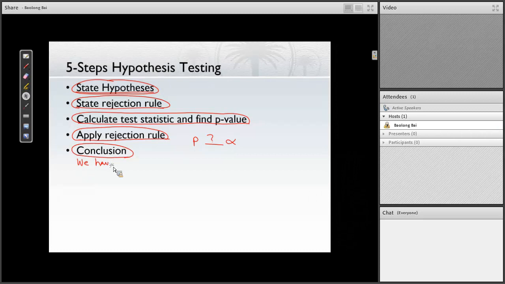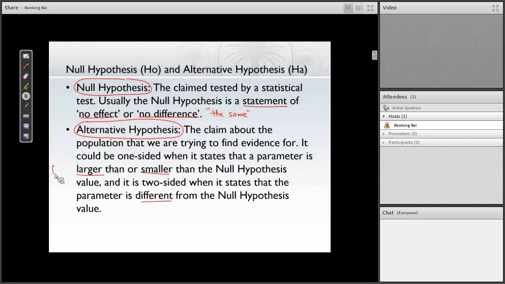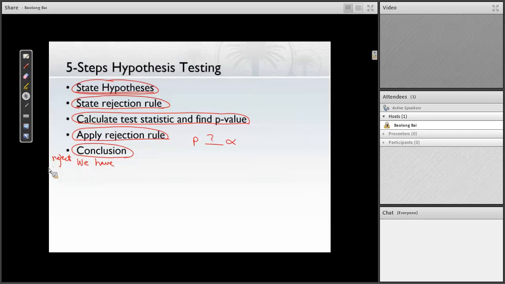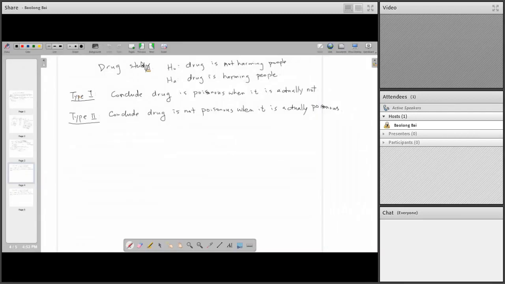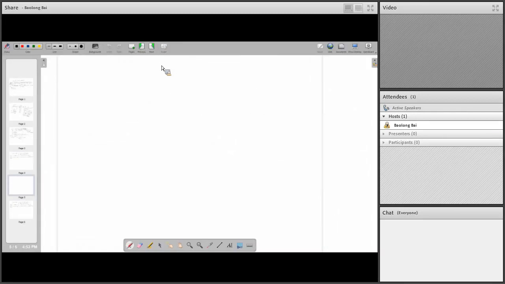So if we reject the null, I recommend saying we have enough evidence that, and now stating the alternative hypothesis is true.